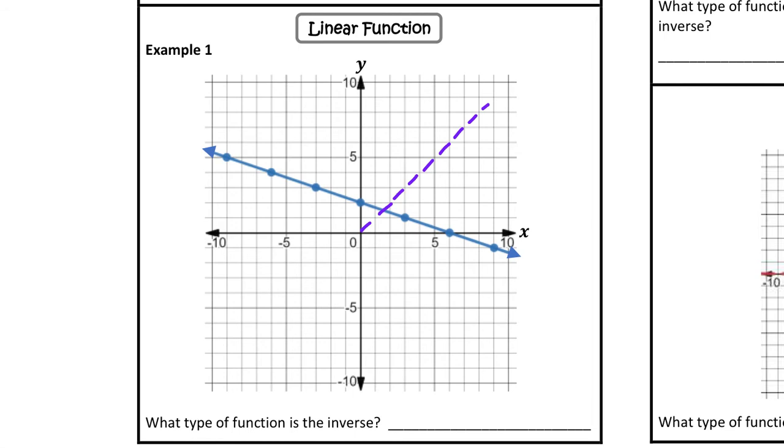And you can use a ruler if you have it. But this is the reflection line. So this is the line y equals x. Okay, and I'm going to call it the reflection line.